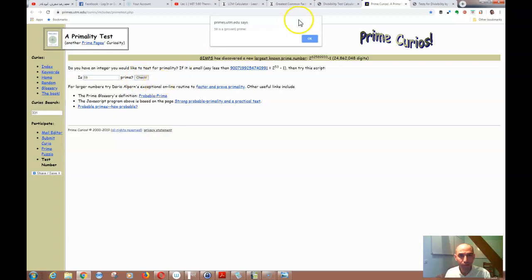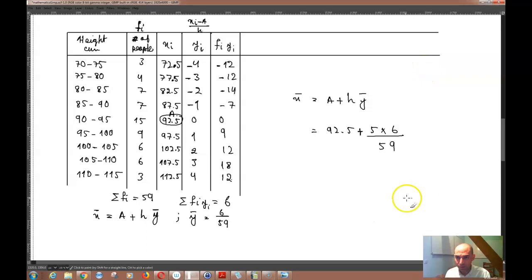It's a prime number, so that's 30 by 59, so that's 92.5 plus 30 by 59. We can calculate that.